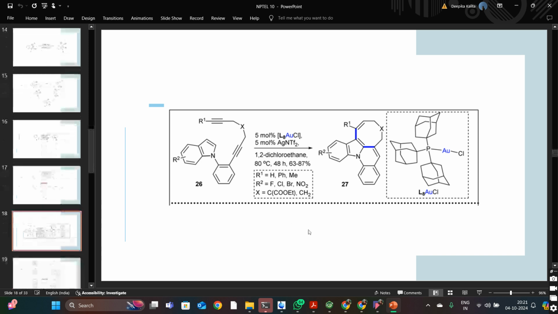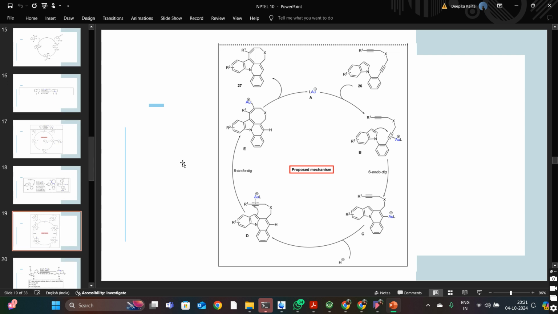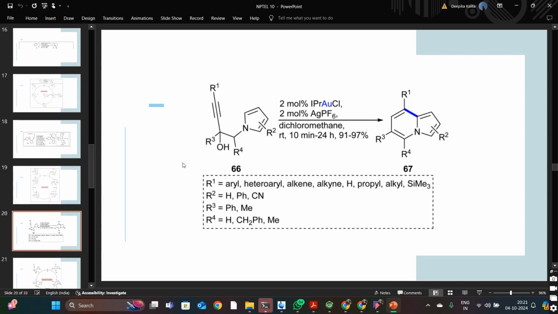Again, we saw this reaction which involved two sets of hydroarylation reaction from the indole fragment to give us first a 6-membered ring and then an 8-membered heterocyclic ring. Then we underwent another reaction of hydroarylation starting from this indole fragment at the gold activated alkyne.